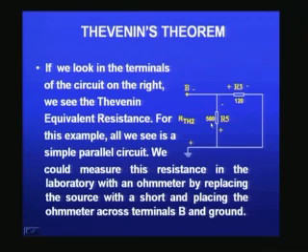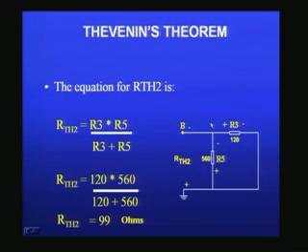R3 is 120 ohms, R5 is 560 ohms. So R Thevenin 2 for the right side is R3 times R5 divided by R3 plus R5. With the values of resistors substituted, it comes to around 100 ohms, 99 ohms.